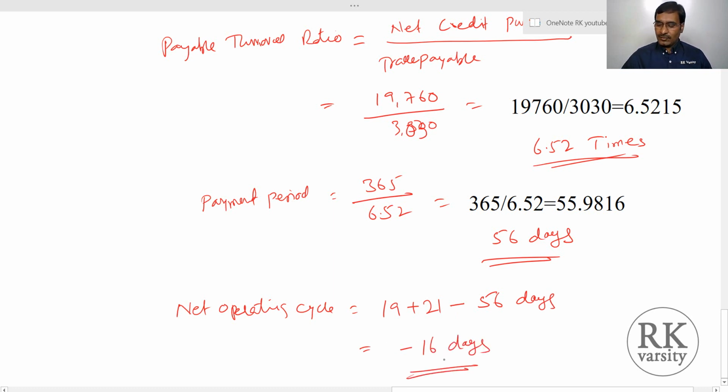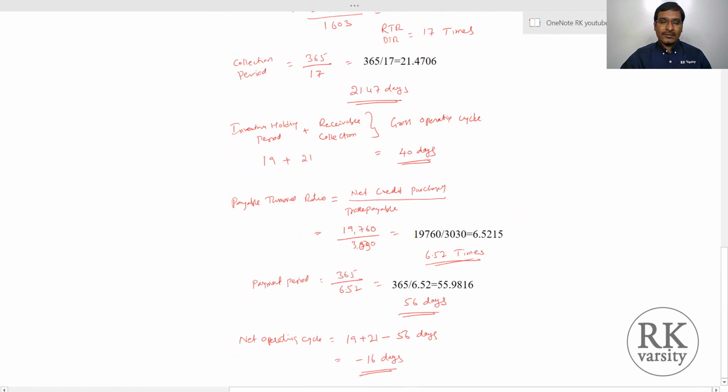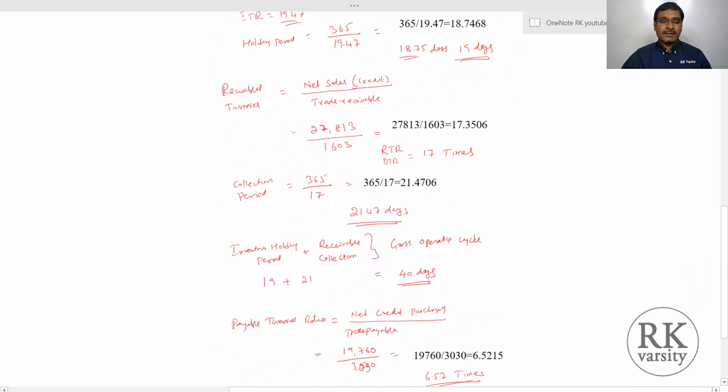If you observe, you are able to collect your debts much faster. That is, your receivables turnover is 17 times and it is taking only 21 days. That means within 21 days, you are able to collect your trade receivables. Similarly, your holding period of inventory is only 19 days.